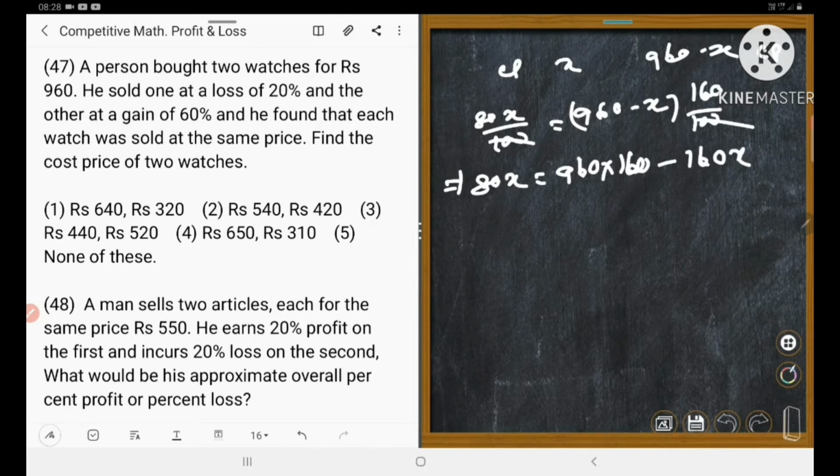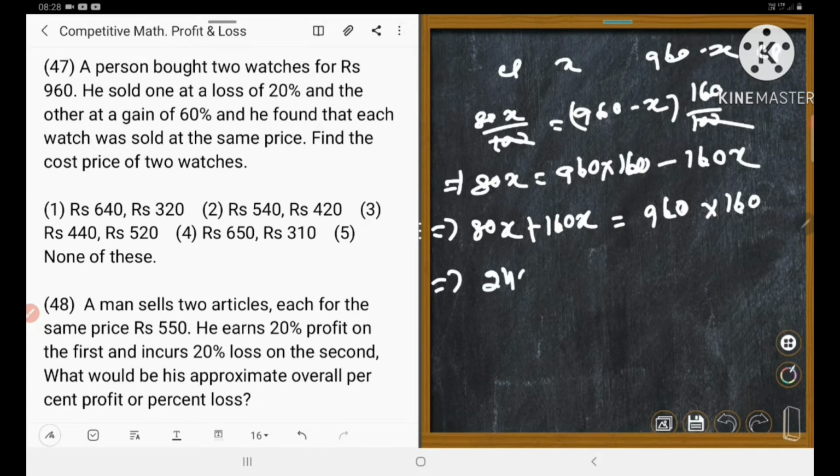So 80x plus 160x is equal to 960 into 160. This implies that 240x is equal to 960 into 160.